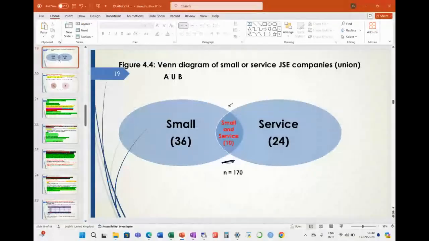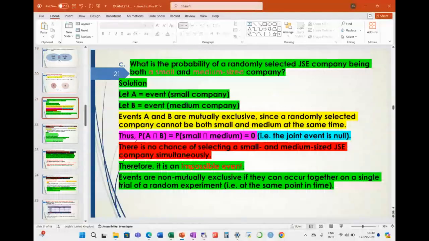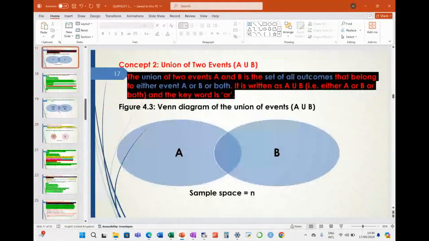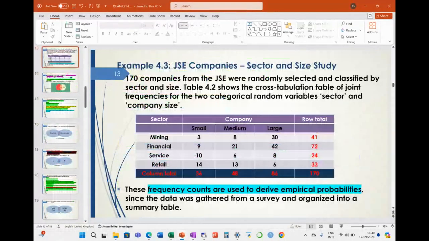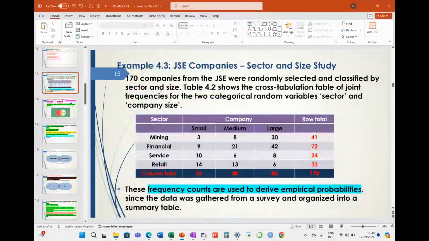Let me actually show it to you. This is just for the benefit of those who are going to watch this via YouTube. So here, can you see? We have mining, we have financial, we have services, we have retail.